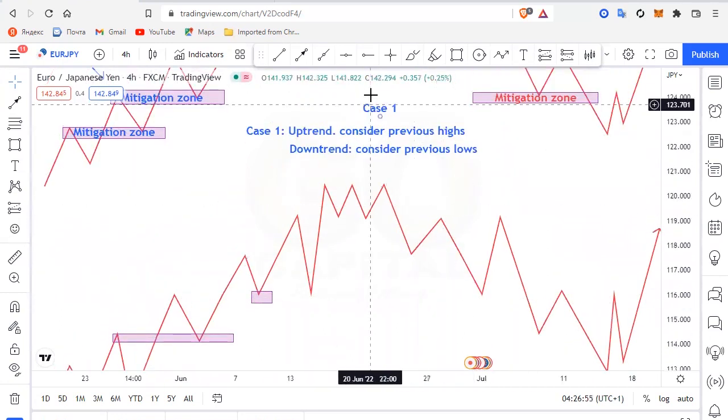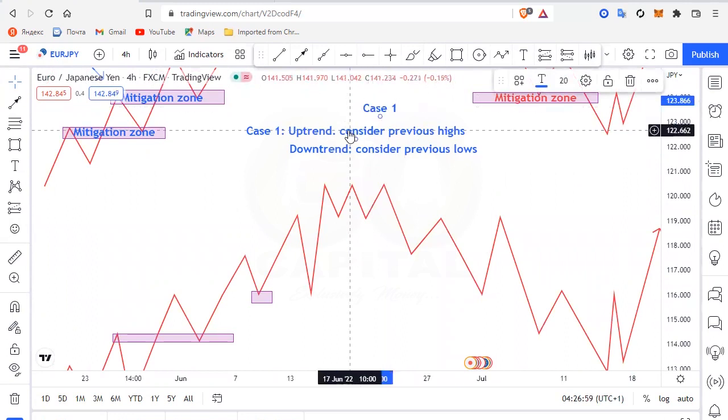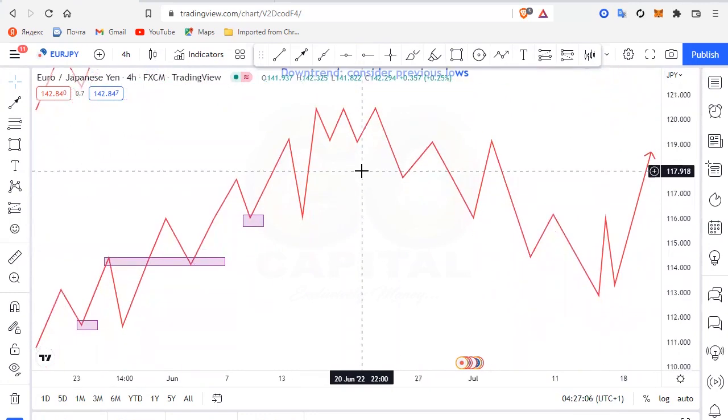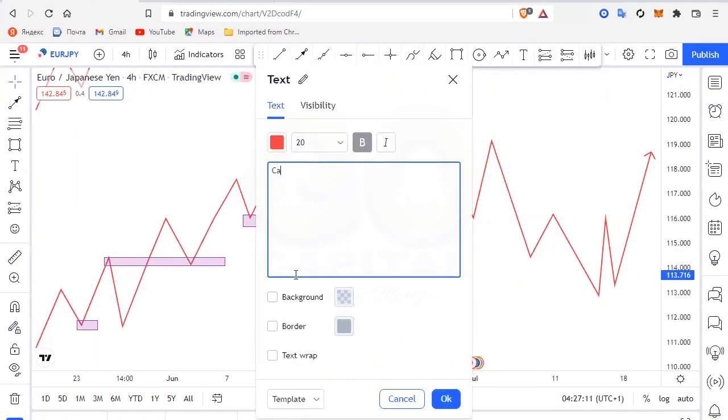Let me just copy all of this. I don't know how to edit this thing now, so let me just write it. Case 2. Uptrend: consider previous lows.